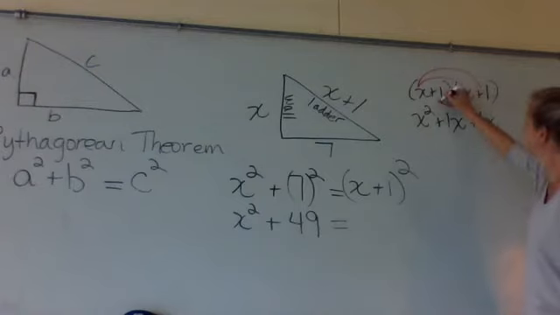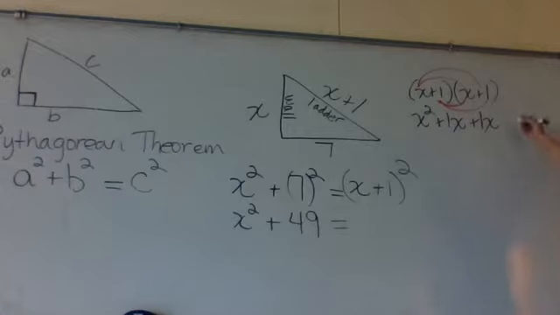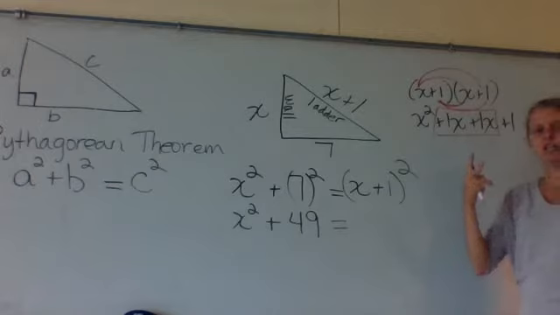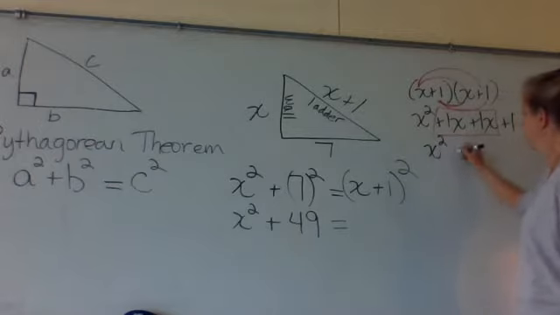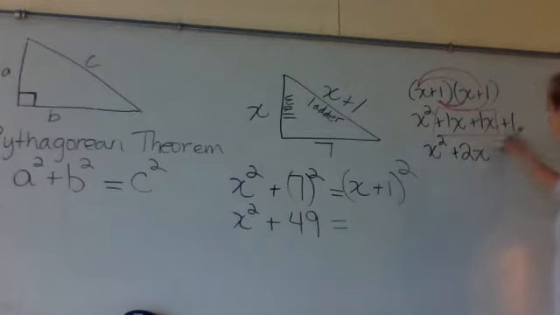And then my last, 1 times 1 gives me 1. Just like the last problem, the middle two terms are like terms, and if I put 1x and 1x together, I get 2x. So I'm left with x squared, put those together to get plus 2x plus 1.